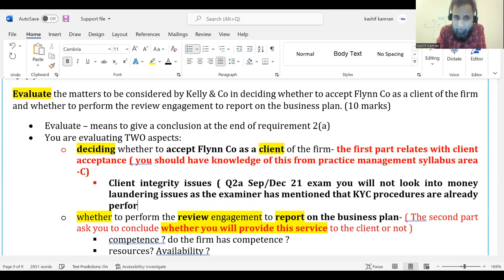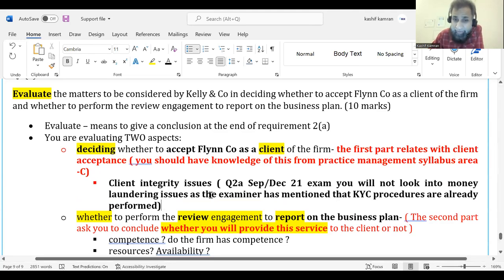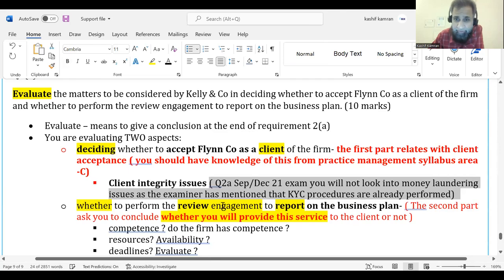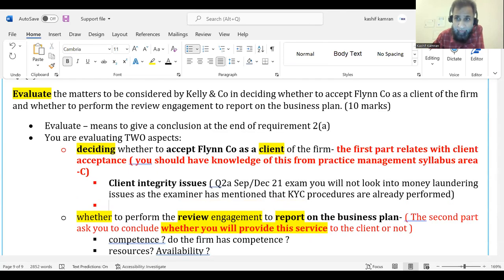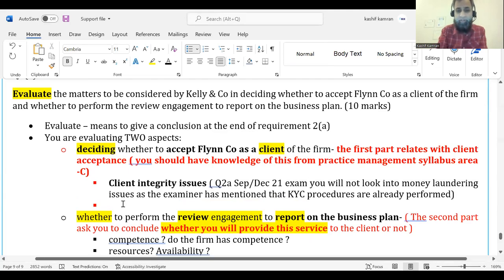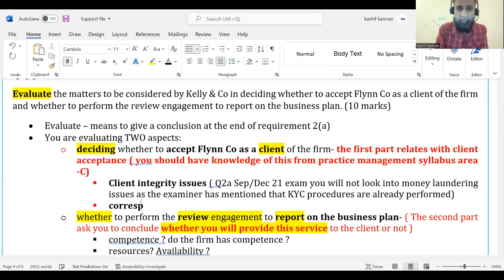But in another question from another past paper, can you do it? Yes. But in this question, you cannot do it, right? But can you consider other client integrity issues in the case study minus the money laundering? Tell me. Can you consider the other client integrity issues in September-December 21 exams minus the money laundering? Yes. Totally agree.